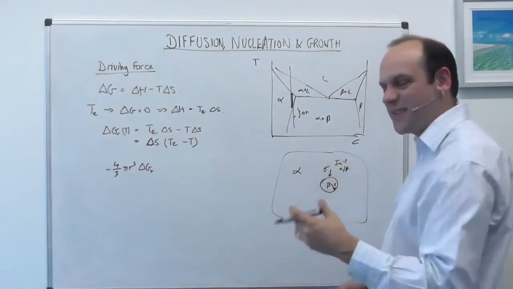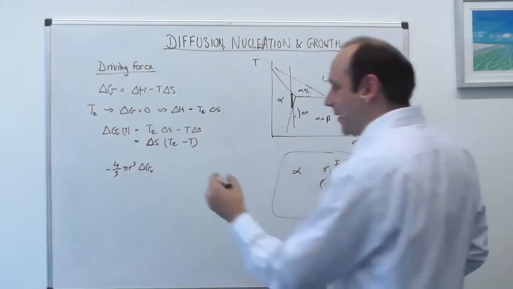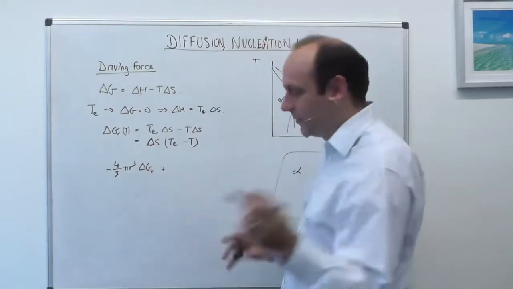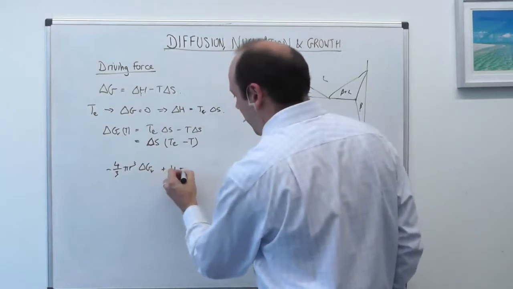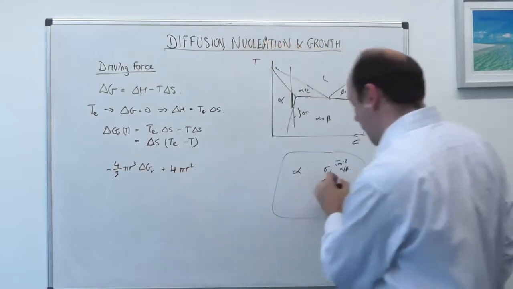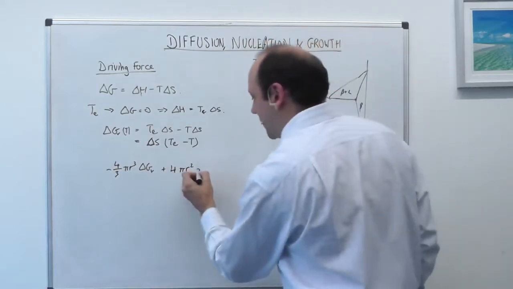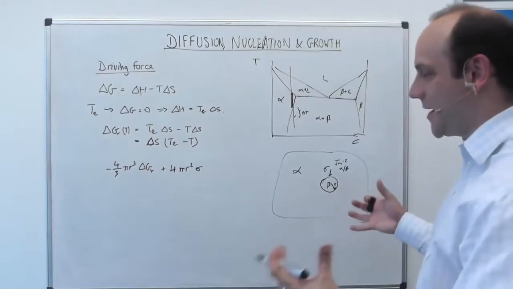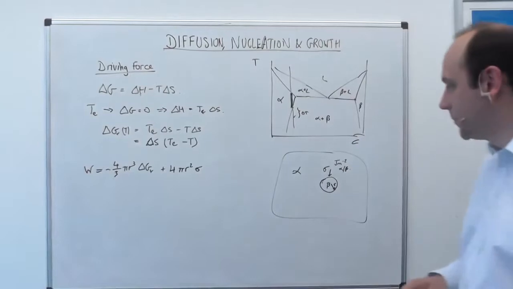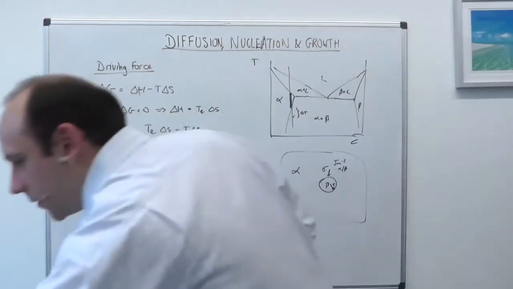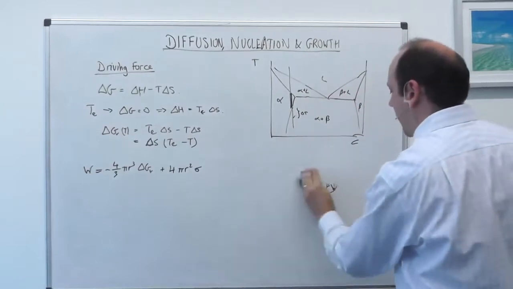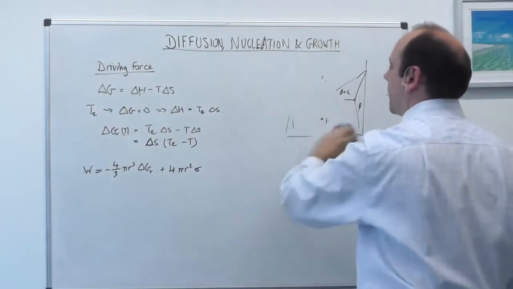Another Greek letter. Sigma is Greek letter S for surface. Sometimes in some other circumstances we call it gamma. It's just terminology. Plus 4 pi r squared, that's the surface area of a sphere, times sigma, as long as you define it, it's fine. And that's our net energy available to grow that. So we'll call that W. And if you graph that out, what you have, I'll actually rub the phase diagram off now.